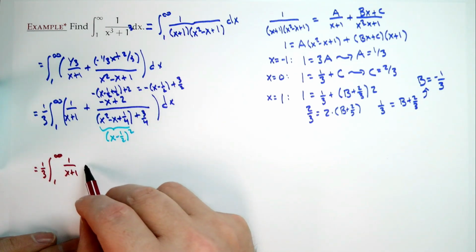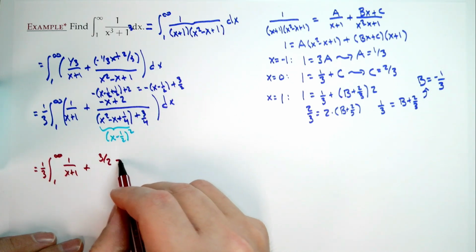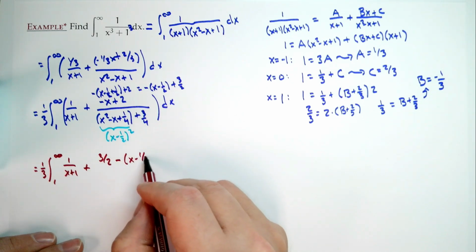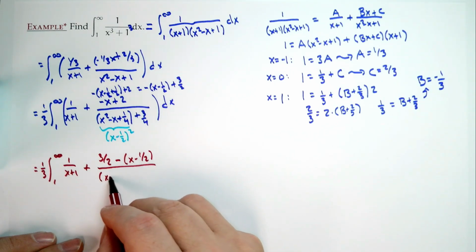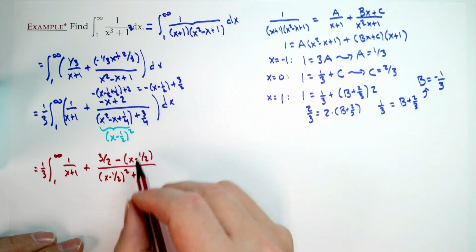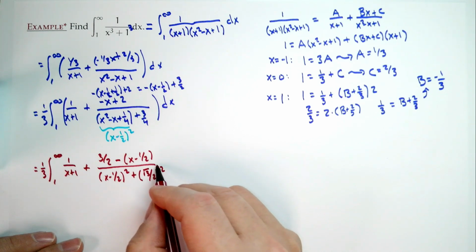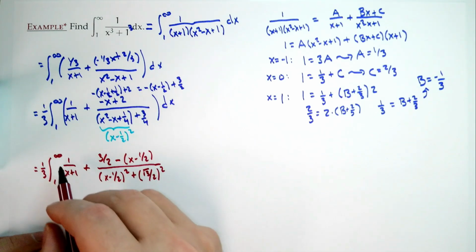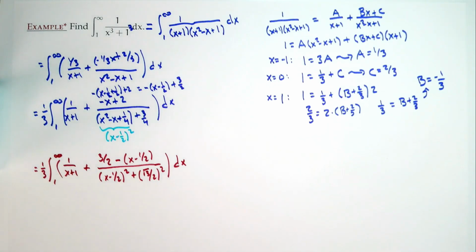And then we have plus, I'll write it as 3/2 minus x minus a half, all divided by x minus a half squared plus, and I want this to be also a square, square root of 3 over 2 squared. Good. And dx.